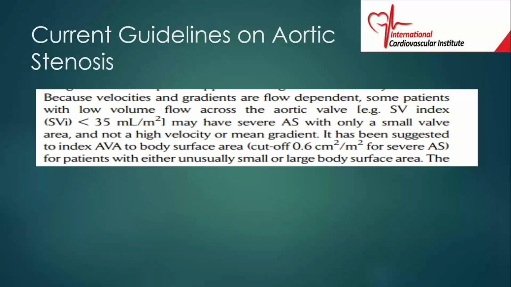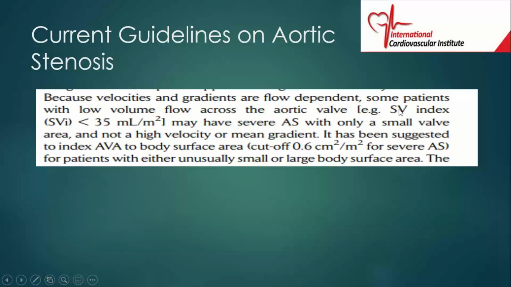Remember, velocity is related to gradient because the gradient is equal to 4v squared from the simple Bernoulli equation. So if you have low flow across the valve, it stands that you will have low velocity and low gradient.